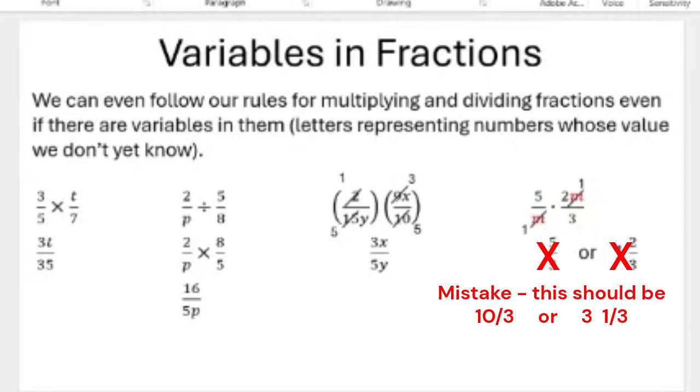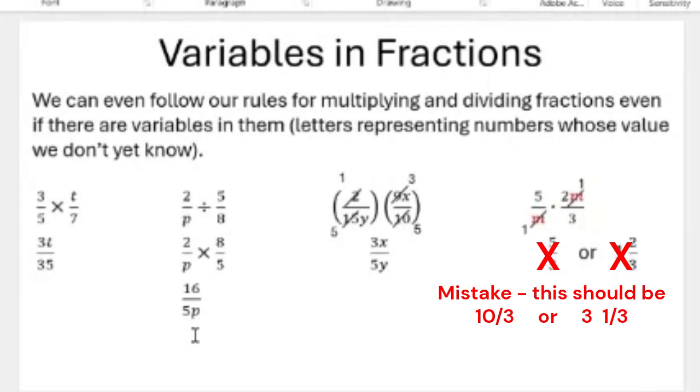I want you to notice one thing. This run right here, the second one that we did, notice I didn't try to turn that into a mixed number, and that's because of the variable. If you have a variable in it, you can't. There's no good way to write it as a mixed number. You can't say 3 and 1 over 5p.